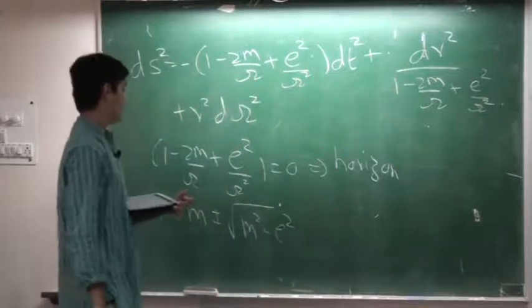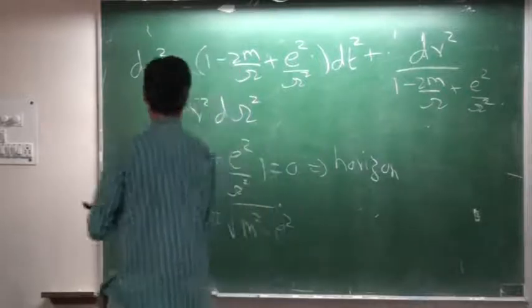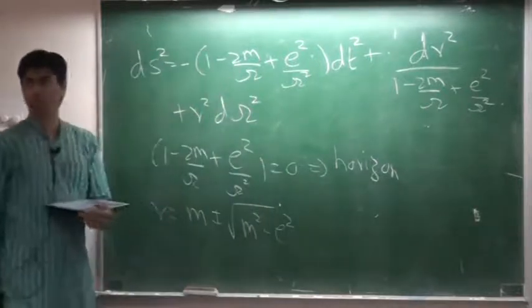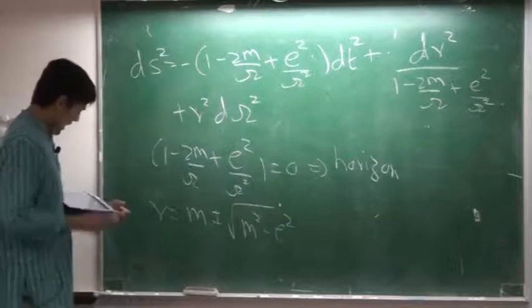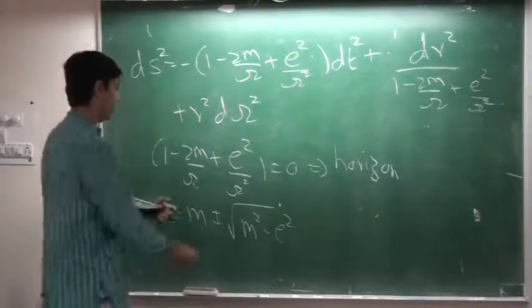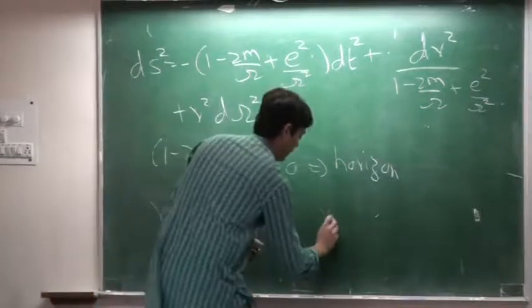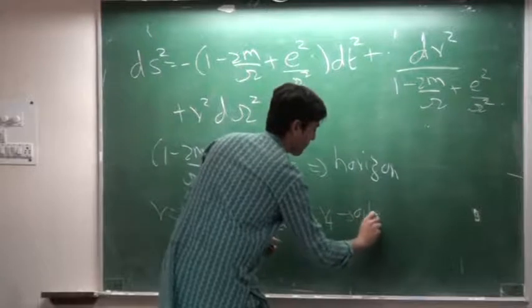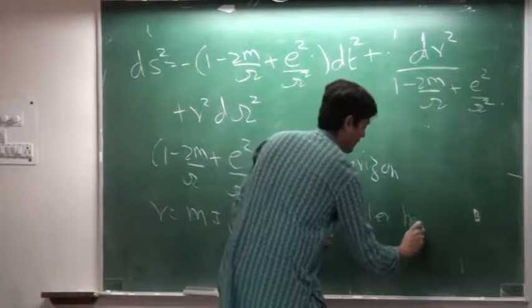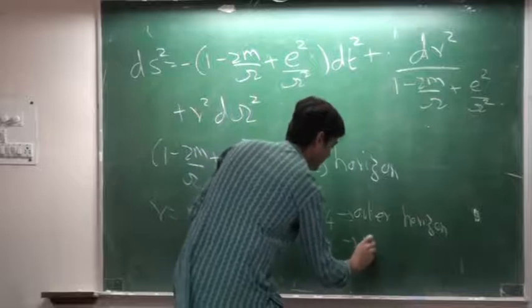As e goes to 0, one of these solutions goes to 2m, the other solution goes to 0. The solution with m plus the square root of m squared minus e squared is called r plus, the outer horizon. r minus is called the inner horizon.